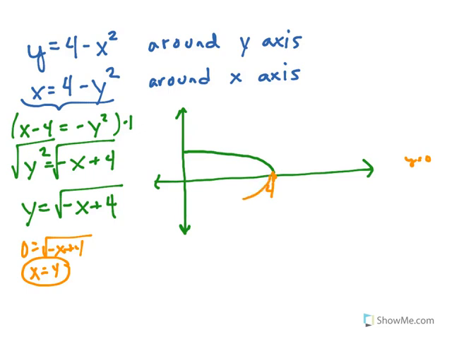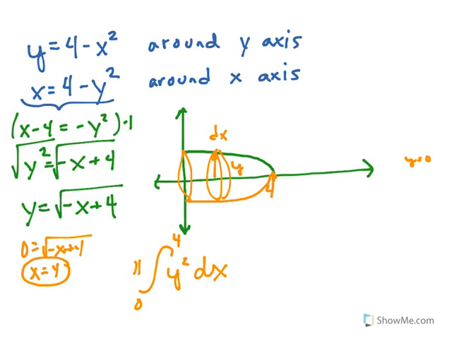Now I'm rotating around the x-axis. I'm making one slice. It's dx. My height is y. So it's going to be the integral from 0 to 4 of y squared dx, with a pi on the outside.